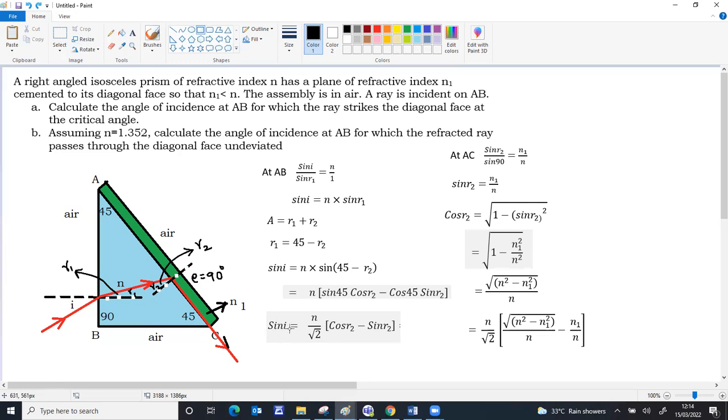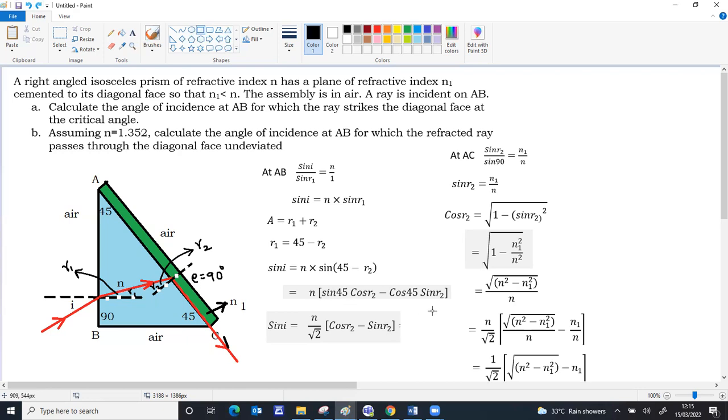So substitute: sin I is equal to n by root 2 into, instead of cos R2, root of n square minus n1 square by n, and instead of sin R2, n1 by n. You can take n common, and it cancels from the numerator and denominator. It will be 1 by root 2 into (root of n square minus n1 square minus n1).